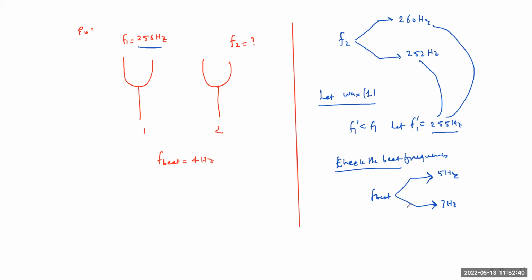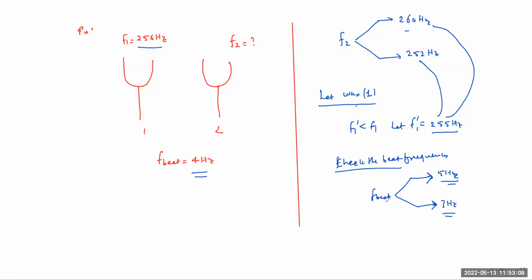So the beat frequency will be, there are two possibilities. If you choose 260 as the answer for F2, then the beat will become 5 hertz. And if you choose 252, the beat will become 3 hertz. Earlier the beat was 4. Upon waxing, if the beat increases, we know the answer is 260, because the beat frequency we can hear.